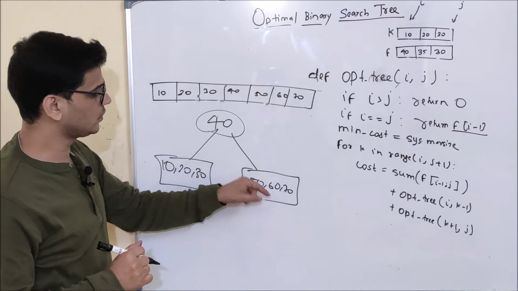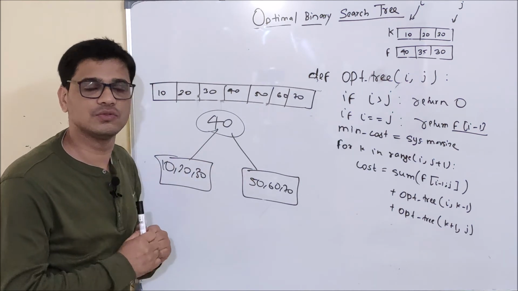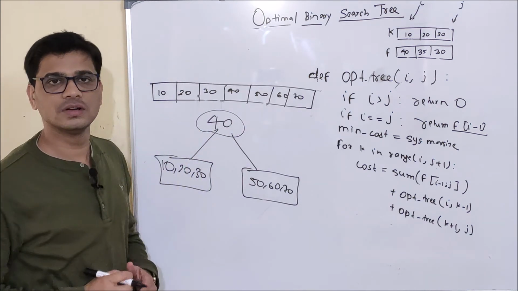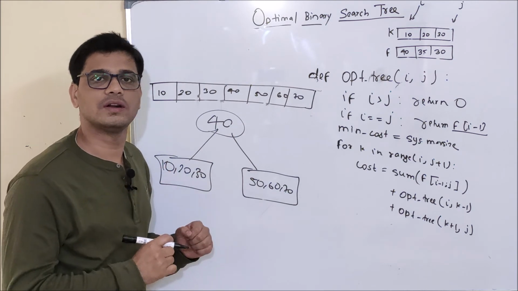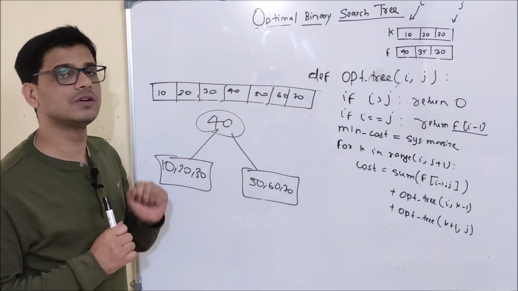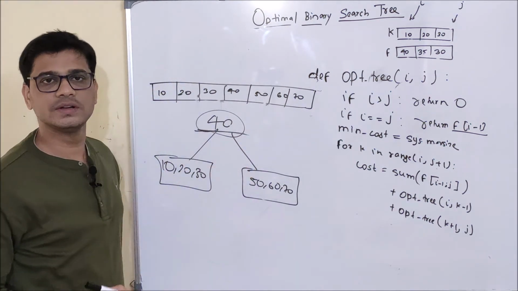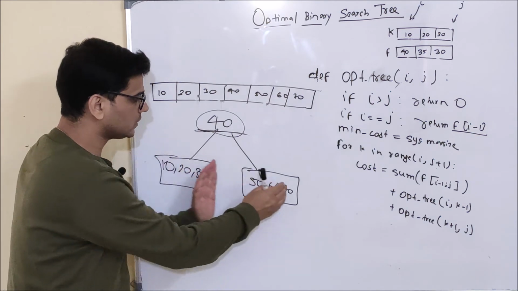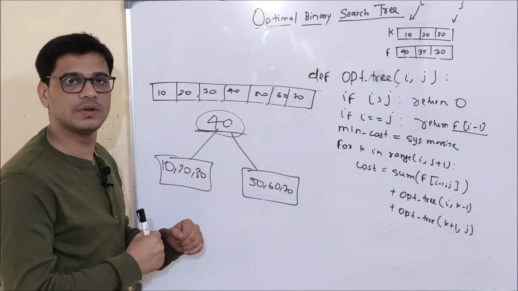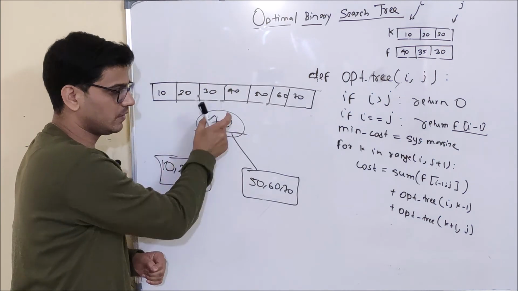Suppose I am searching for 60. How will I search for 60 in this tree? First I will check here whether this is 60 or not. And how many times will I do it? Whatever the frequency of 60 is. So even if 40 is my root, I am searching for all the keys. That is, I will search for all the keys first here, and depending upon whether it is smaller than 40, I will go left or right.